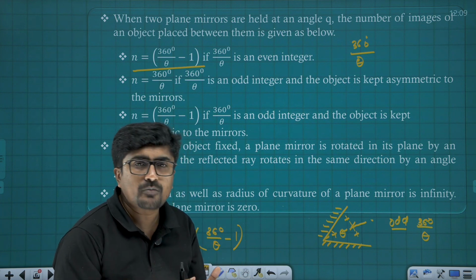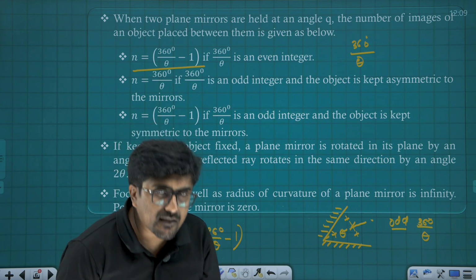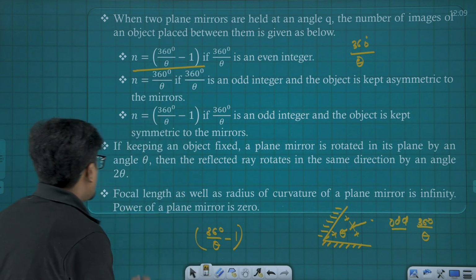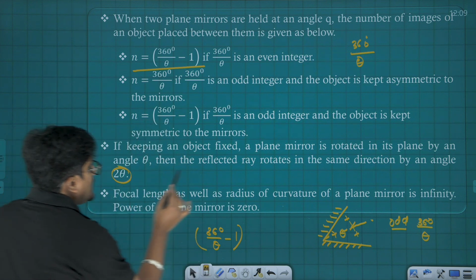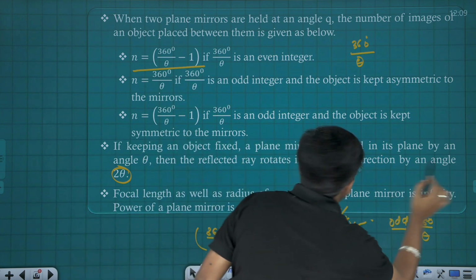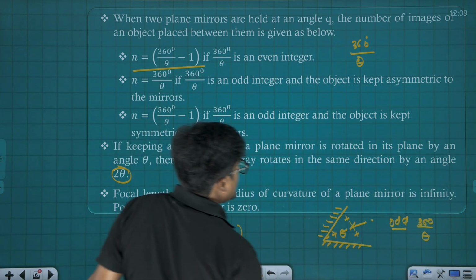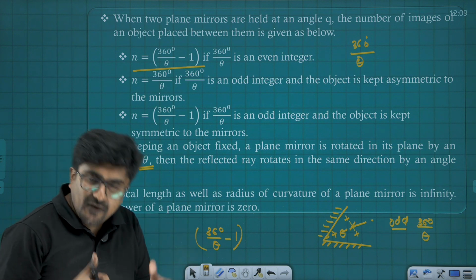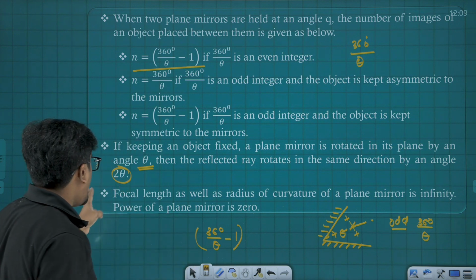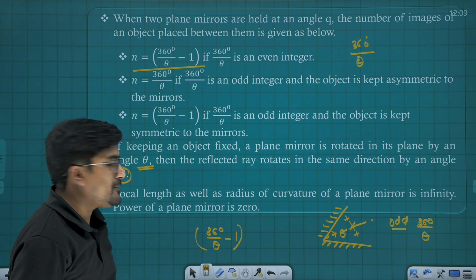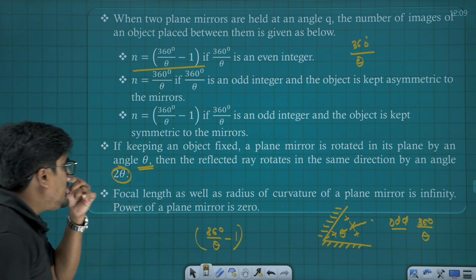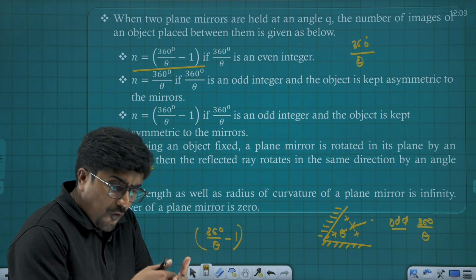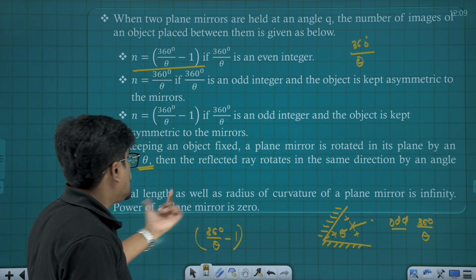Keeping the object stationary, if the plane mirror is rotated through an angle theta, then the reflected ray will be rotated through an angle of 2 times theta.